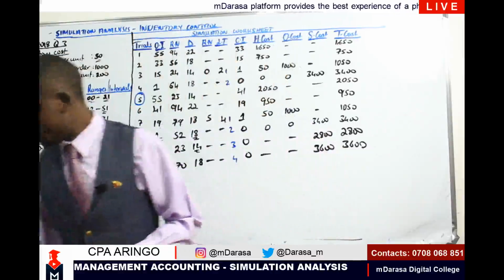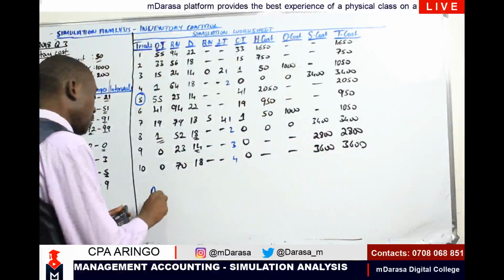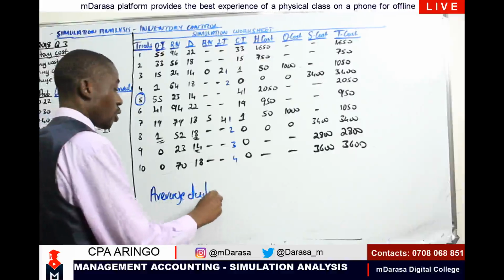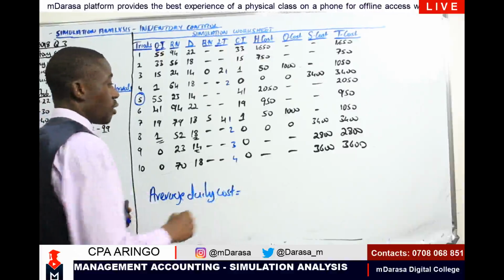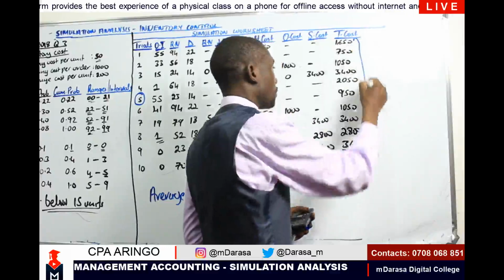Then recall, on the same question you were asked to give the average daily cost. Looking at our average daily cost, we need to determine our total cost here.